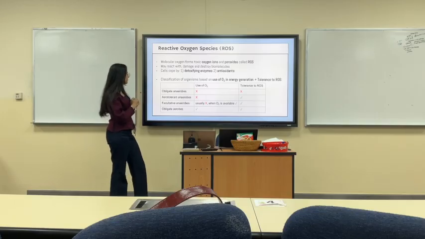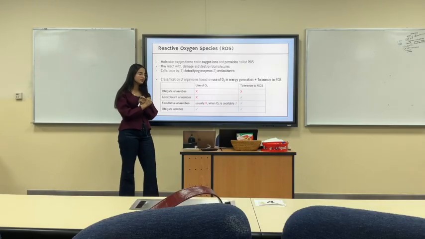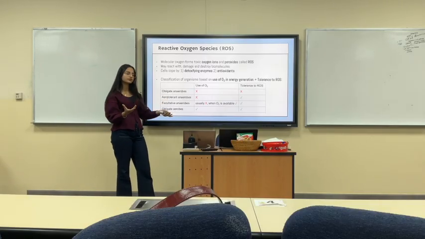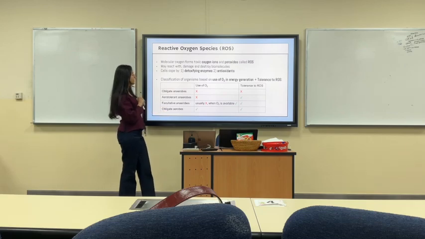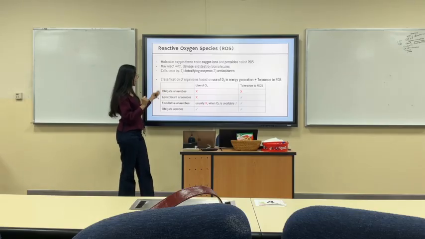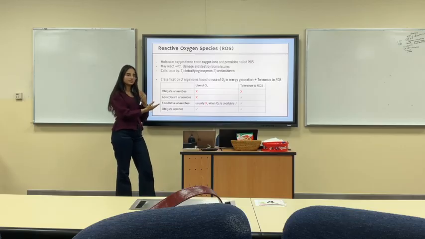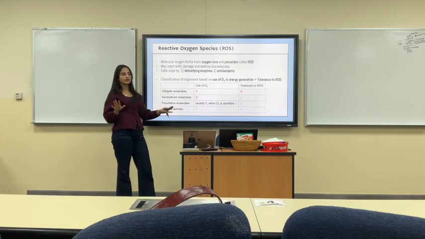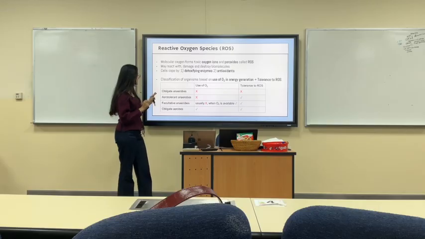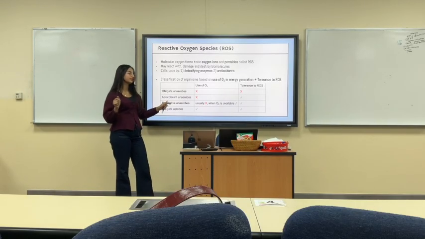Organisms can be classified based on whether and how they use oxygen for energy generation, and on their tolerance to reactive oxygen species. We have obligate anaerobes. These do not use oxygen, and they use fermentation to produce energy. They cannot tolerate reactive oxygen species, meaning that they cannot survive in any environment with oxygen. Then we have aerotolerant anaerobes, which are tolerant to reactive oxygen species but don't use oxygen for energy.